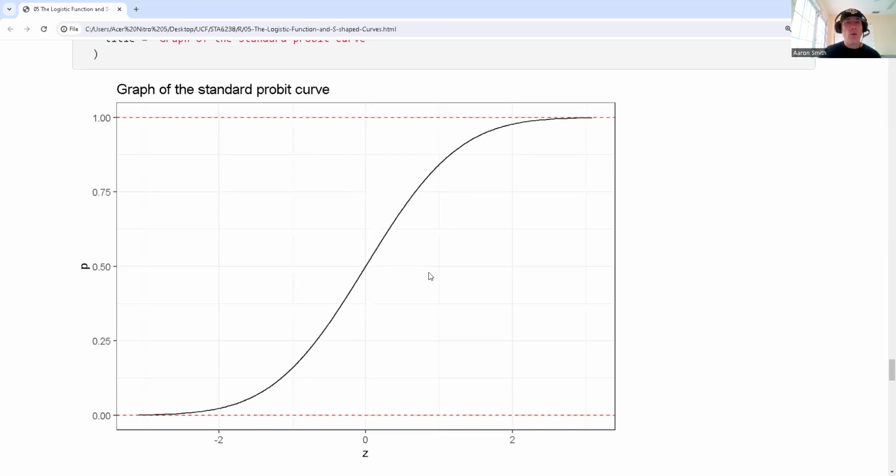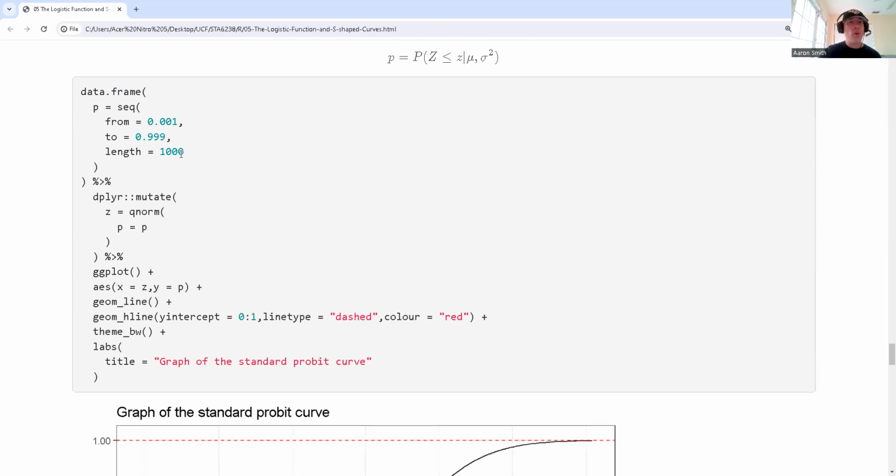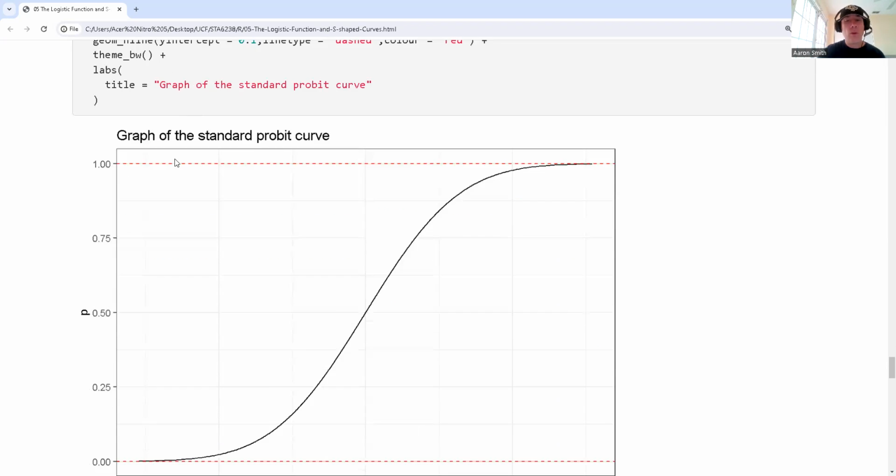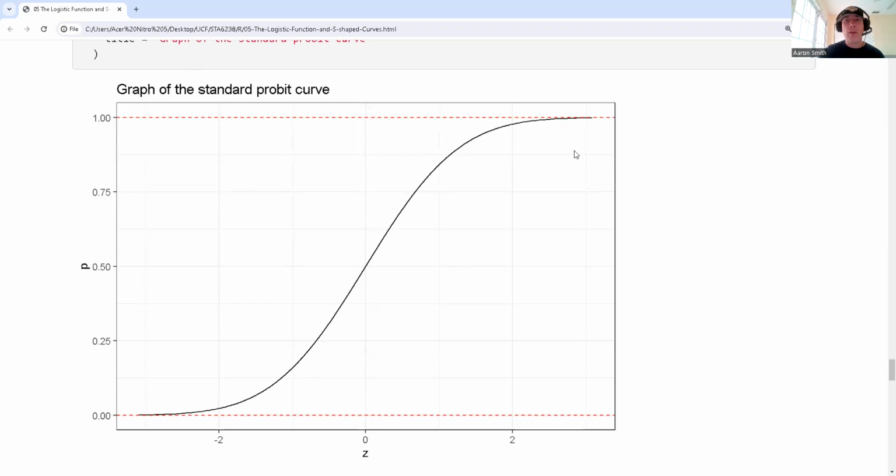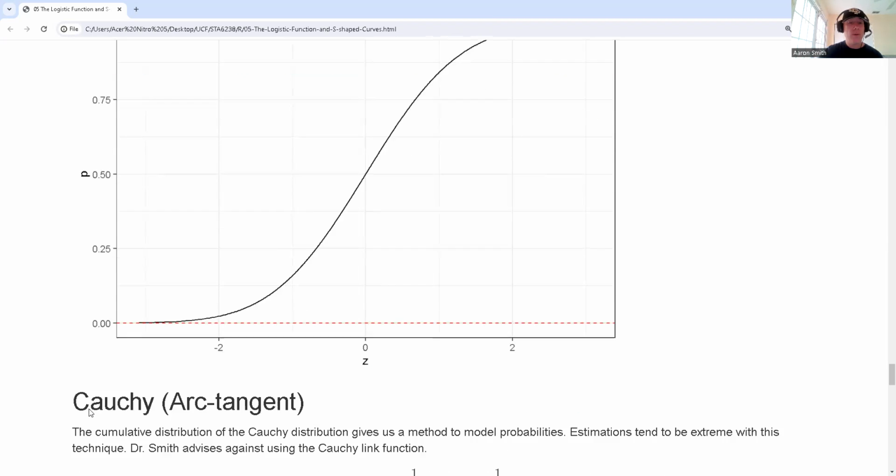And so here we can see the curve. As I plot these curves, I'm going to go from a probability of 0.001 to 0.999. You can see that it goes from about -2.5 to 2.5 on this particular graph for the z value.